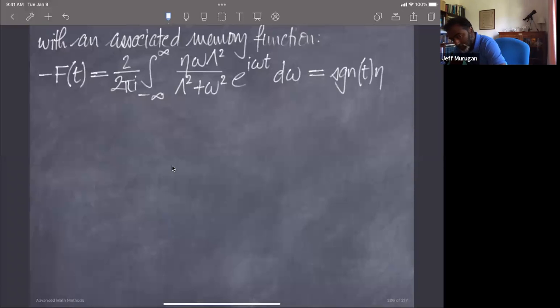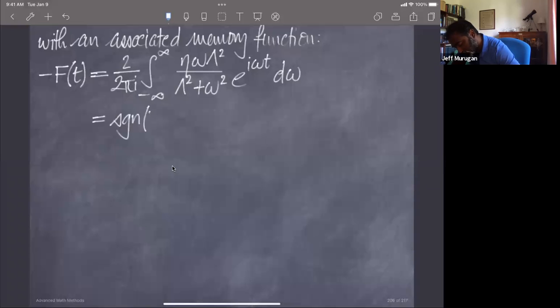Times eta times lambda squared times, in fact, let me move to the next line. This is equal to the sign of t times eta times lambda squared times e to the minus lambda mod t.